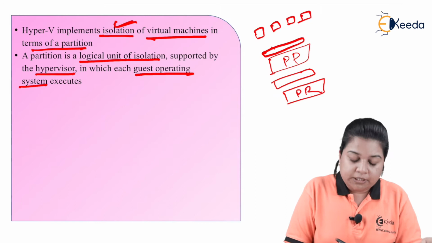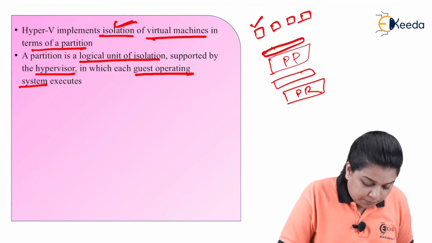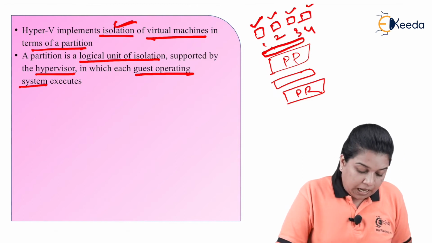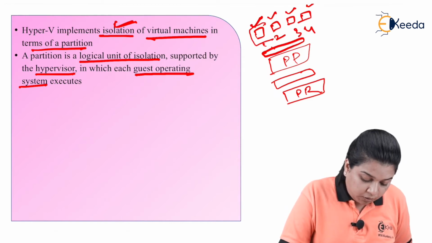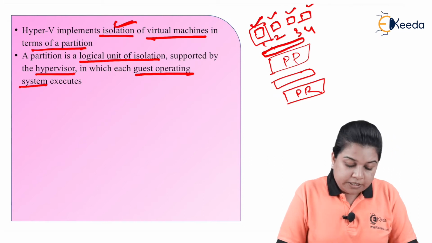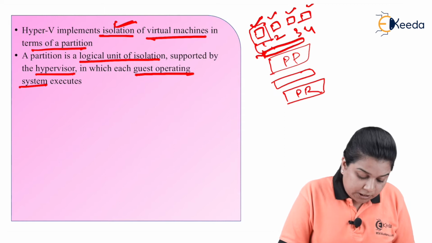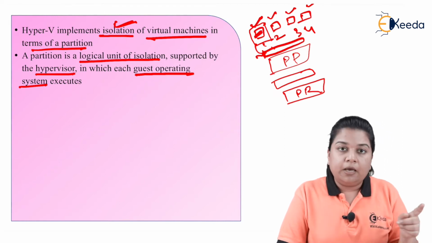So now what it says is each of the child partitions which we have, that is 1, 2, 3 and 4, all of them are a logical unit of isolation. It is supported by the hypervisor in which the guest operating system executes.